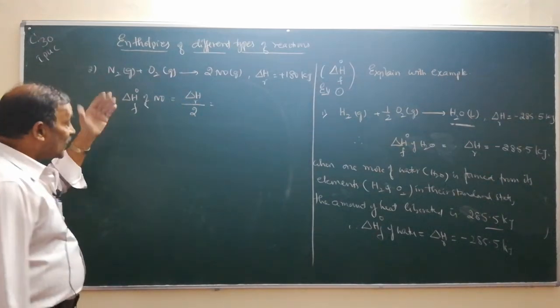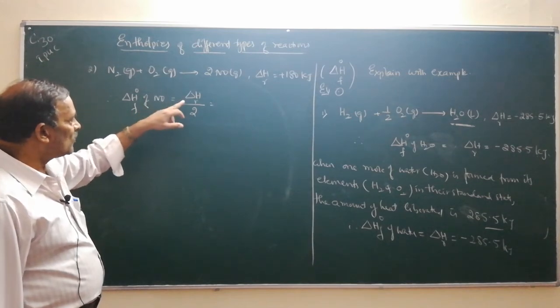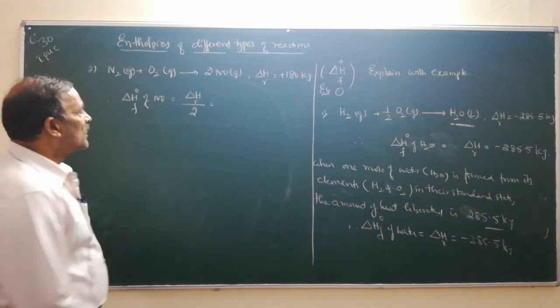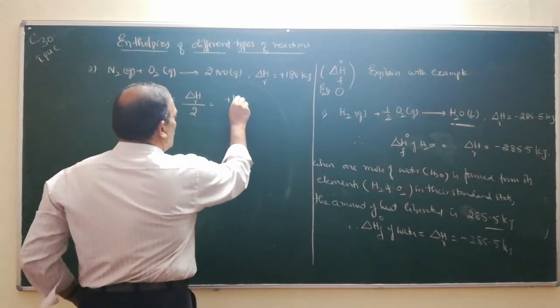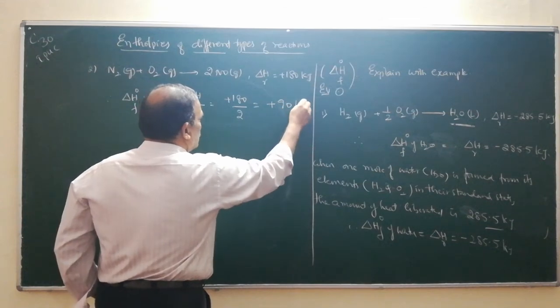So what is the definition of delta HF naught? It is the enthalpy change produced when 1 mole of nitric oxide is formed. Therefore, it should be divided by 2, that is equals plus 180 divided by 2, that is equals plus 90 kilojoules.